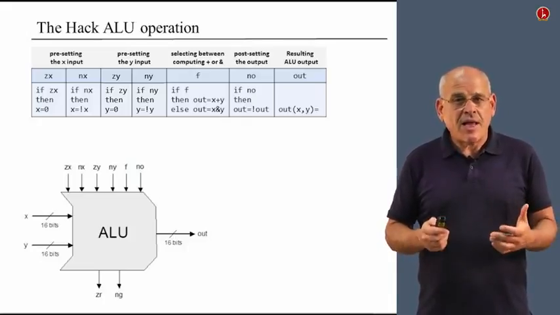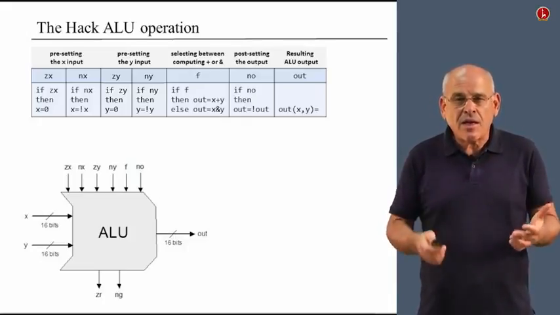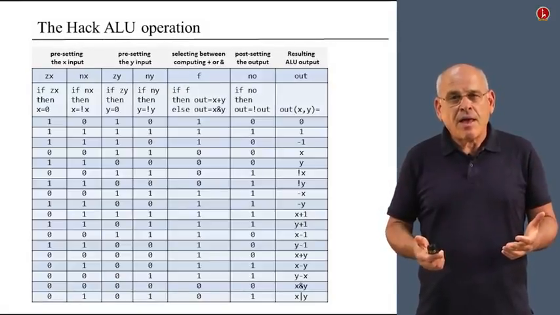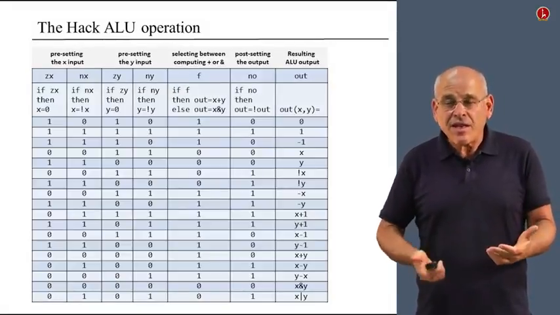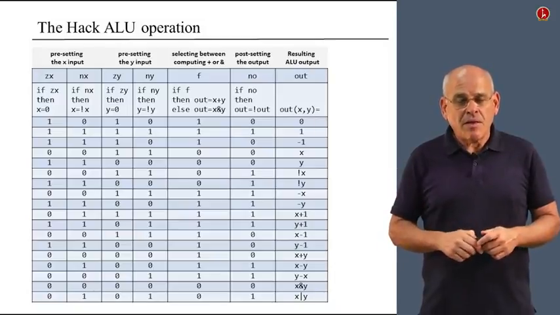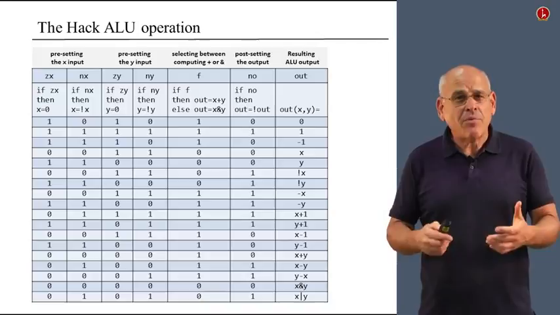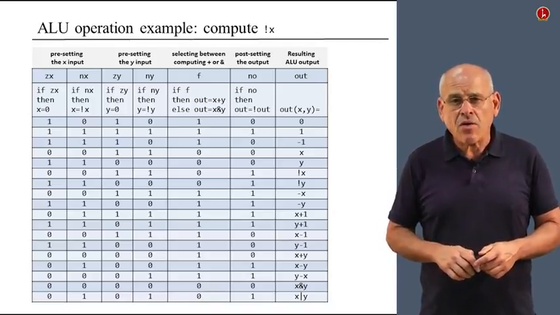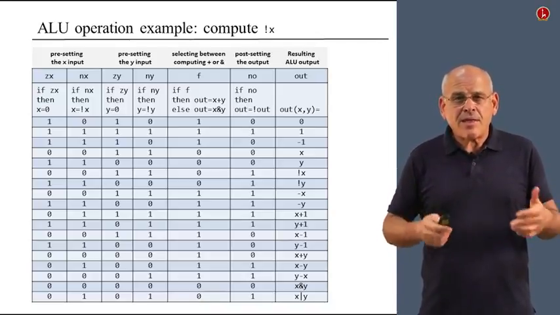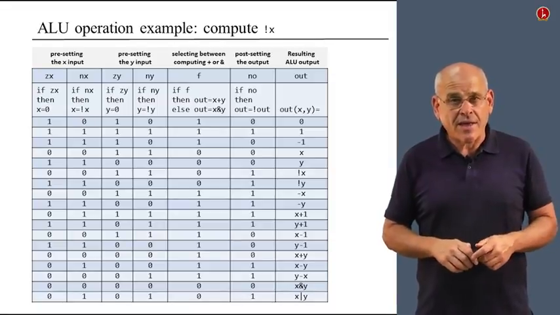And now that you understand these semantics, you can actually look at the table and try to convince yourself, you can actually prove, that this table delivers the required results. I will demonstrate how we can do it. So let's pick one example: let's see how the ALU computes not x.